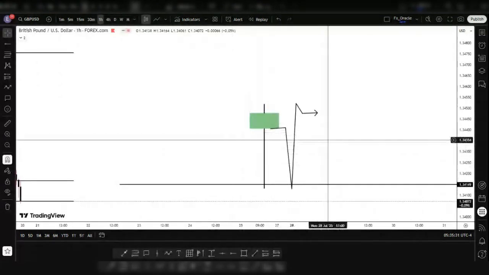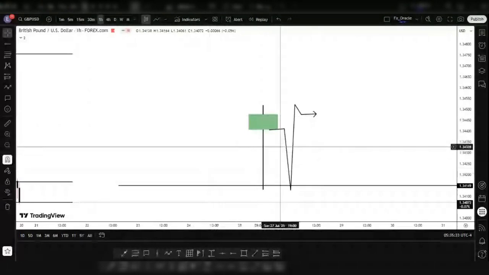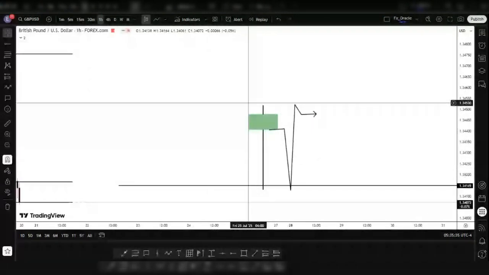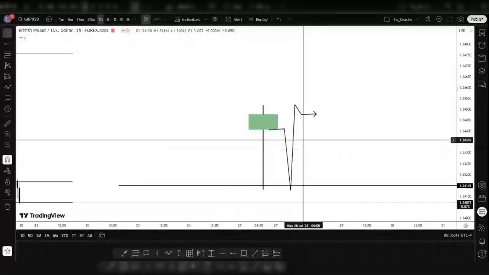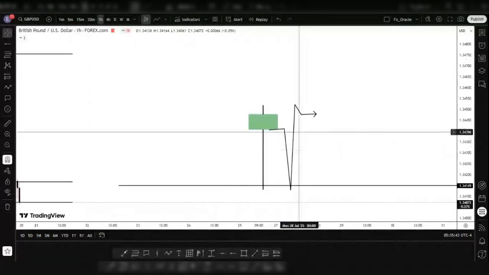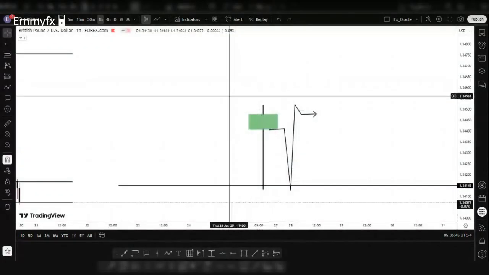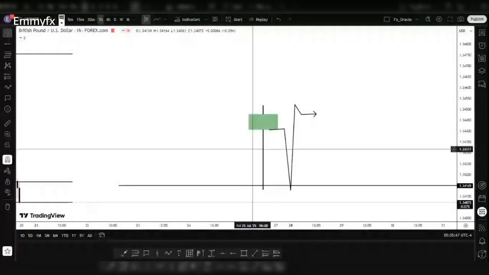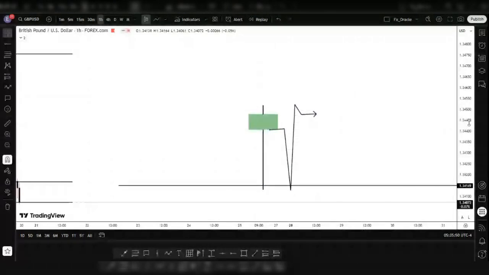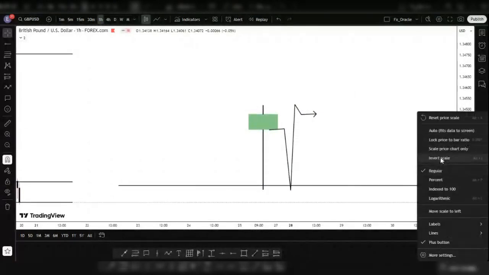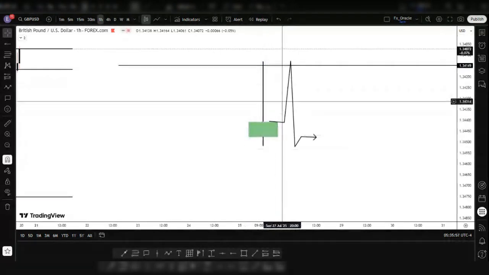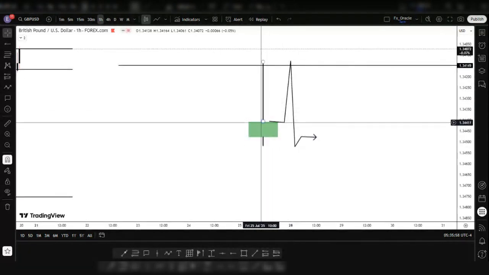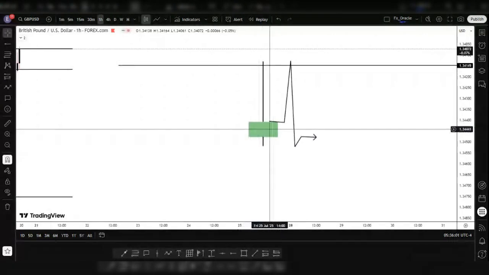Then this is the first candlestick that you should start looking out for on your point of interest, maybe your resistance level or your support level. For a support level, this is what you look out for. On a resistance, it will be the opposite. So let me invert it. It will be like this. Now, the color here, like I said, doesn't matter.